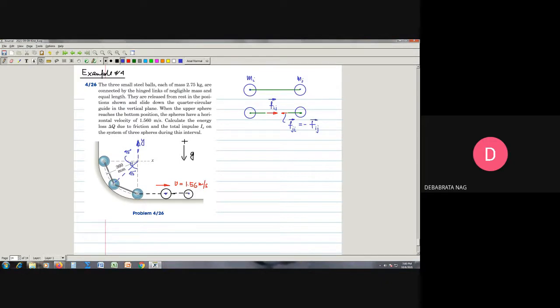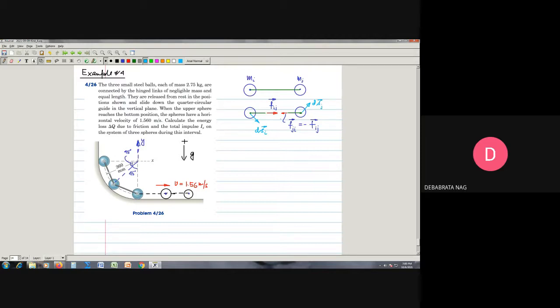Because the work energy equation is individually applied for these two particles, assume this is the differential displacement this mass has on a certain occasion, ds bar i, and this is another differential displacement of the other mass, ds bar j.